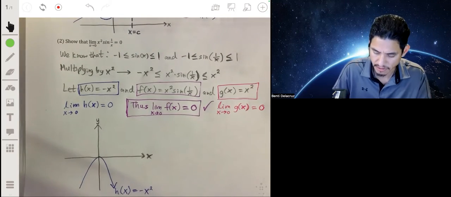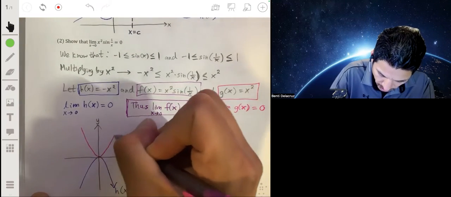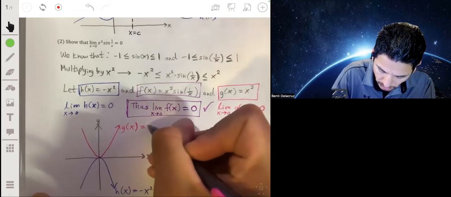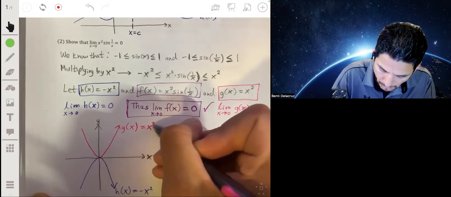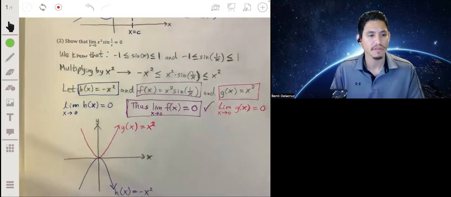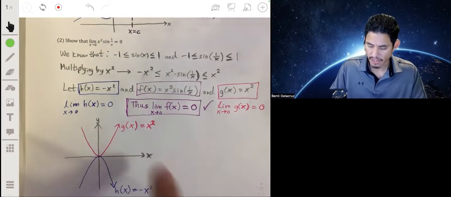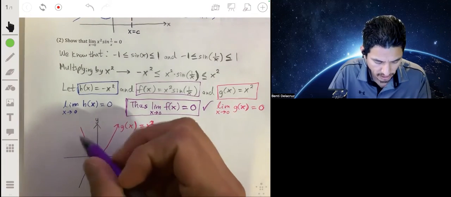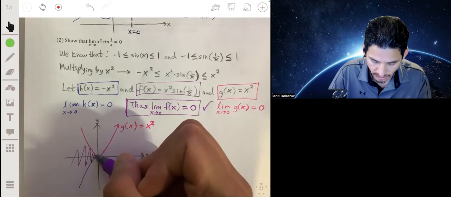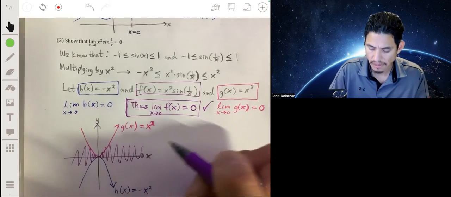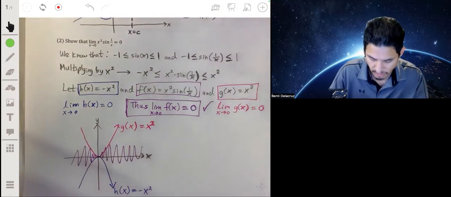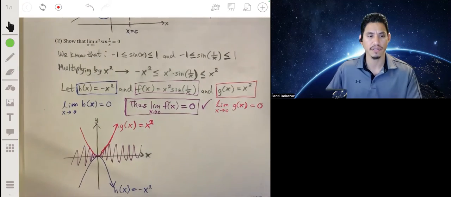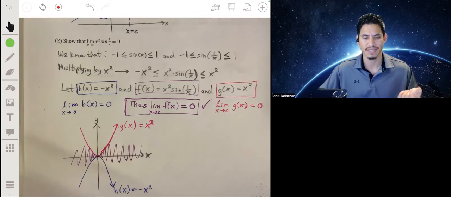We know that g of x is the reflection of it, a mirror of it, also going through the origin. And f of x, we don't know exactly what it's doing, but if you were to graph it with some technology, you're going to see it does something crazy like this.